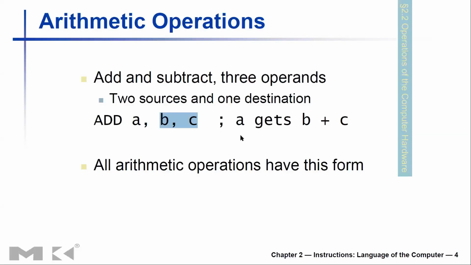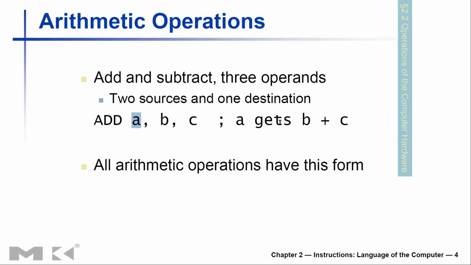A equals B plus C. When you want to perform that addition using assembly, you need to use a command like this, add A, B, C. So the result of this instruction will be that the B plus C value will be put into A.